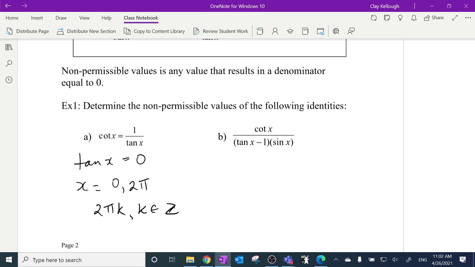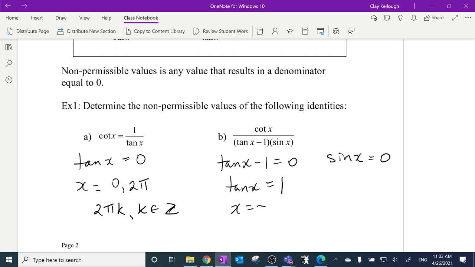What are the non-permissible values on B? Well, okay. Remember that anything times 0 is still 0? So this denominator would be 0 if the tangent of x minus 1 was 0, or if the sine of x was 0. So obviously the tangent of x equals 1 would be non-permissible. And when is tangent equal to 1? When x is pi by 4 or any multiple of pi by 4.